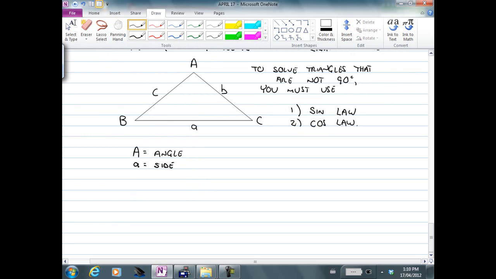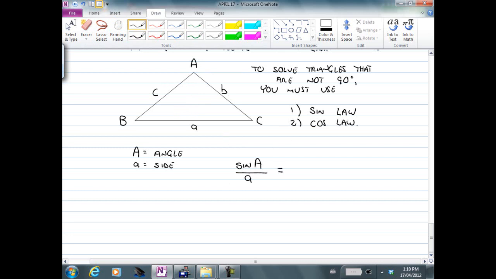So what the sine law says is this. Sine of an angle, any angle you like. For this one I chose A. Over the opposite side. So if I'm using angle A, I have to use the opposite side. That's the rule, which is little a. Now some of you say, why did you choose A? Well, technically you could have chosen B. They're all the same.